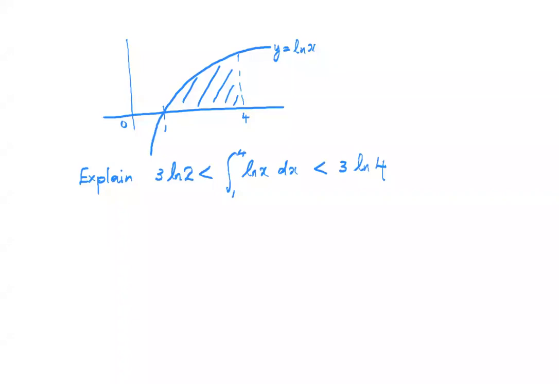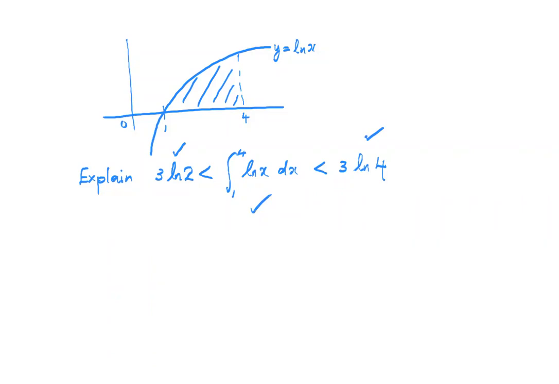Explain this statement. Okay, when I say explain this statement, listen, class, it means that you have to think of how to get this value, and what is the meaning of this.